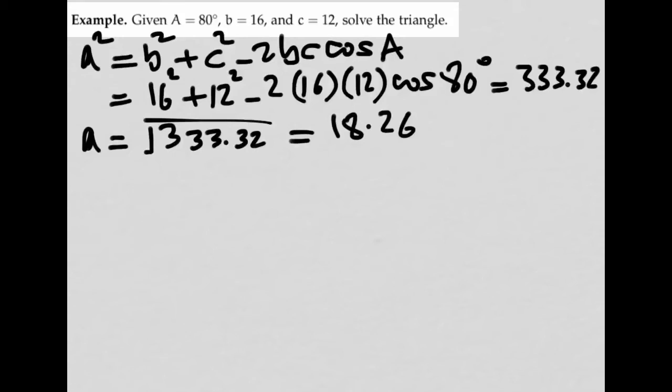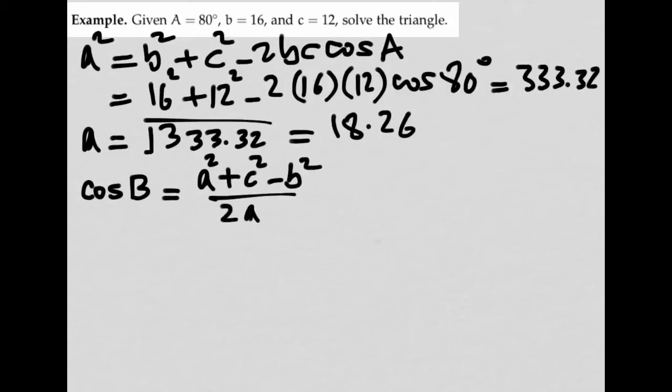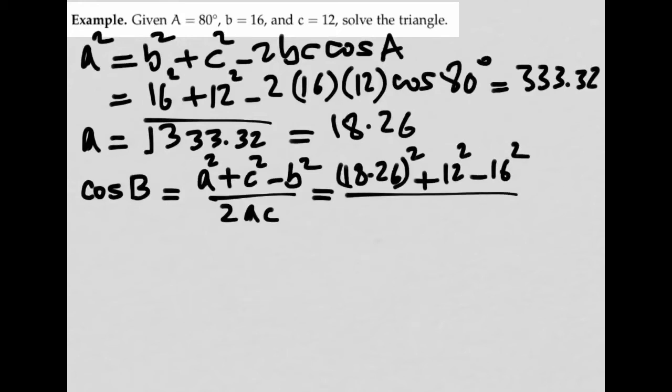It remains to figure out angle B and angle C. To find angle B, apply the law of cosines again. We have cosine B is a squared plus c squared minus b squared over 2ac. So 18.26 squared plus 12 squared minus 16 squared divided by 2 times 18.26 times 12.